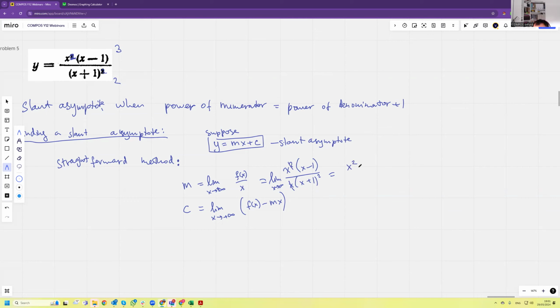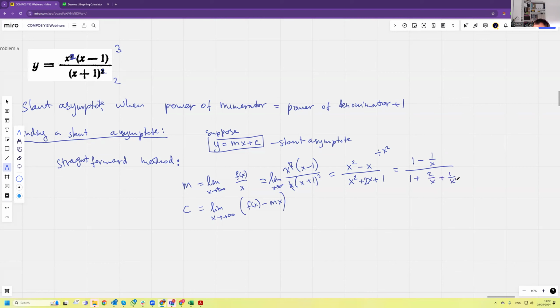It's going to be x squared minus x divided by x squared plus 2x plus 1. We're going to divide top and bottom by x squared. So it's going to be 1 minus 1 over x, and here it's going to be 1 plus 2 over x plus 1 over x squared.